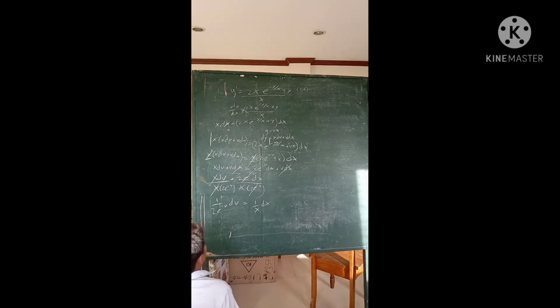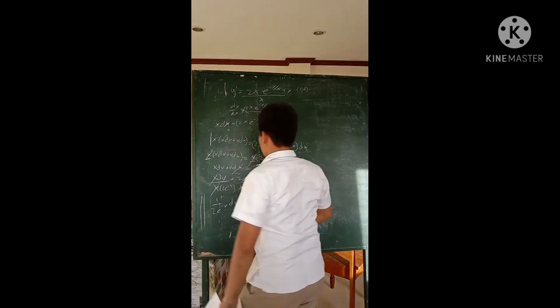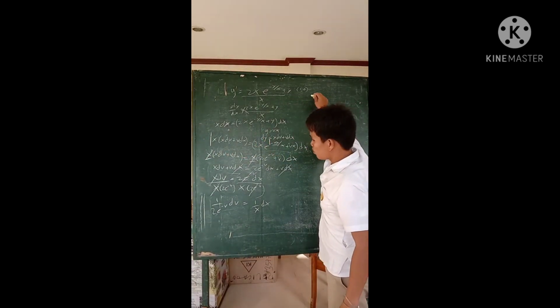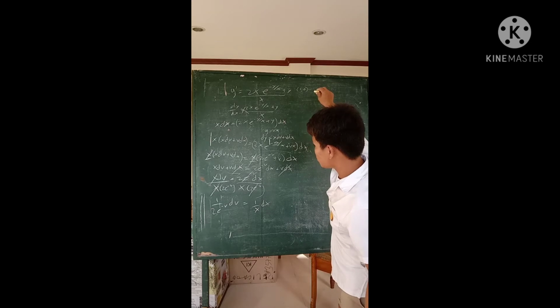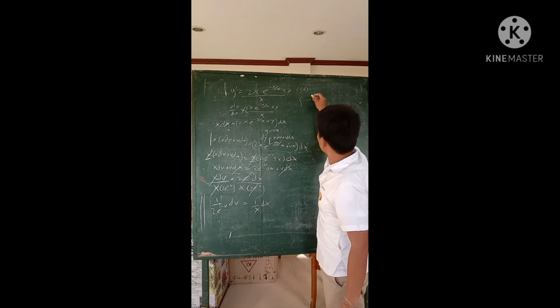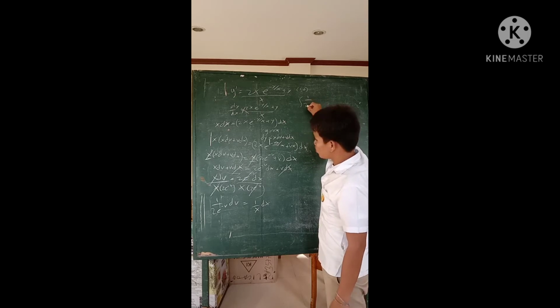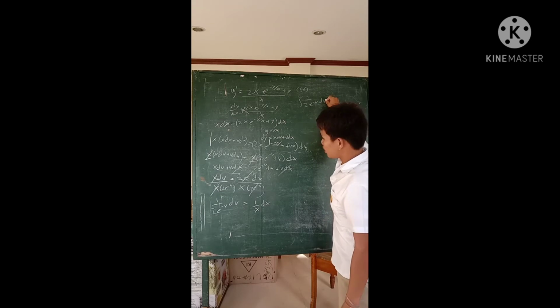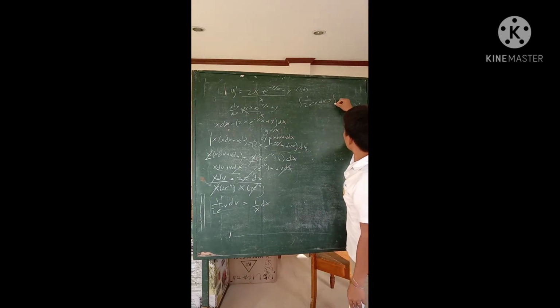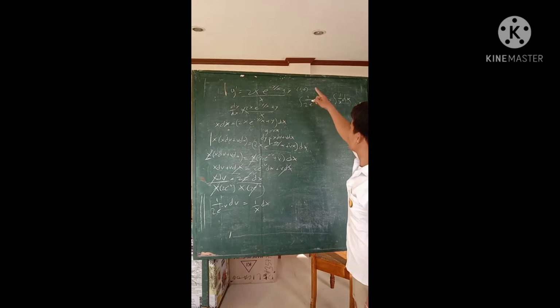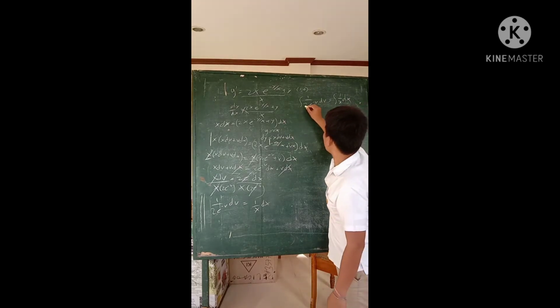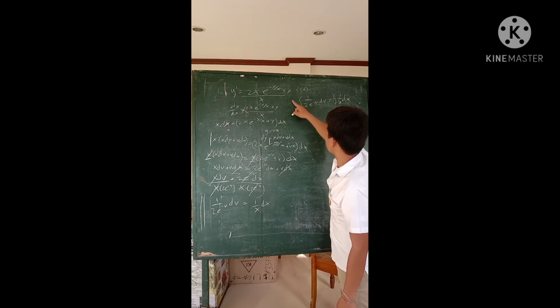So we can integrate now. The integral of 1 over 2e to the negative v dv equals the integral of 1 over x dx. So this one we can transform into a positive form. And this is a constant number, so we can take it out.